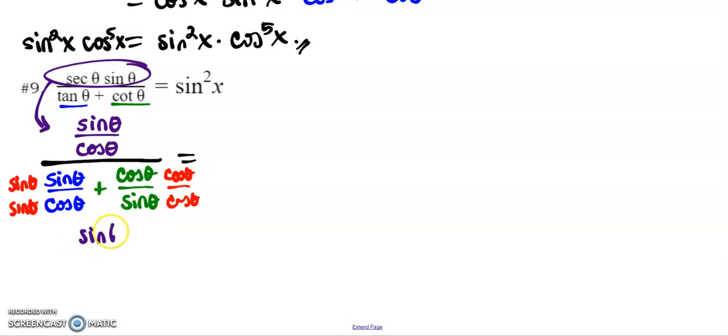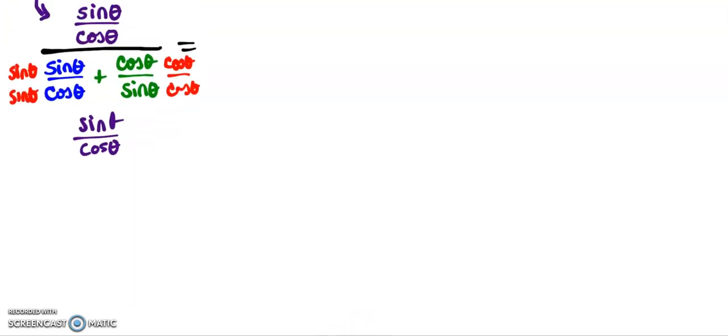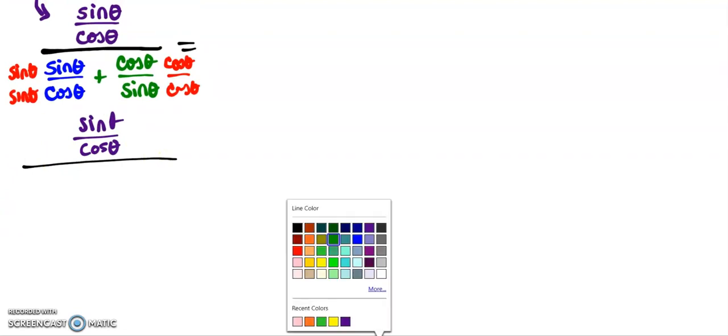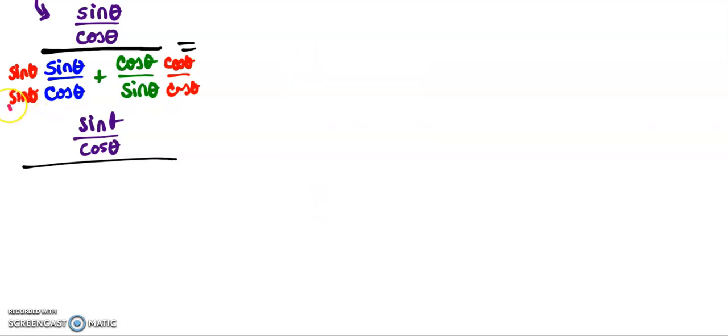Okay, so sine of theta over cosine. It's got to get a little bit messy before it can get better, but I promise it's going to get a lot better. Over. Okay. I'm going to pick some like pink color, just so it's totally different. Okay, this part right here is sine squared over sine cosine, okay?